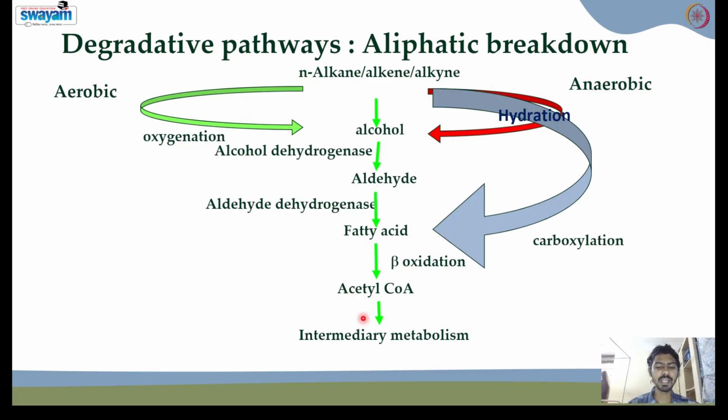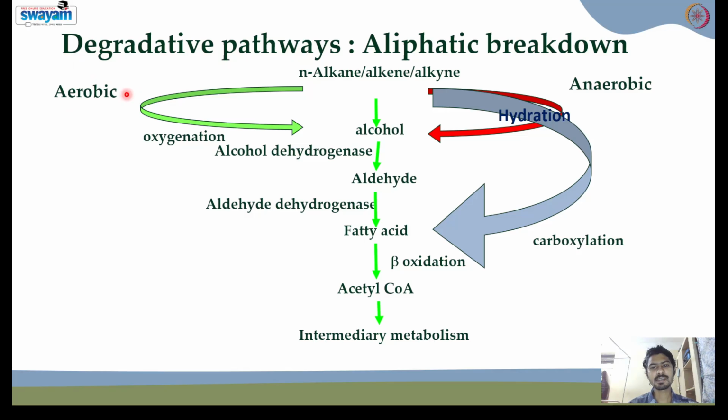Once it is formed, it enters the central metabolic pathway where it enters the TCA cycle and eventually ATP is generated. So this is how the complex alkane, alkene or alkyne structures are converted into simpler precursors, which again will be utilized by the microbes for generation of ATP. So this is the aerobic mode of degradation.